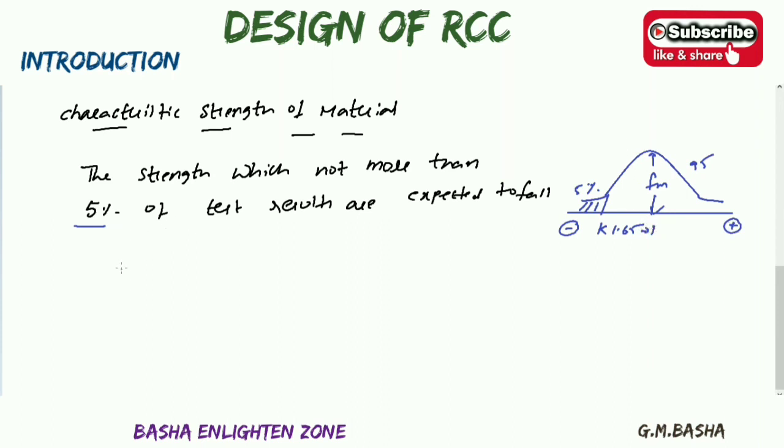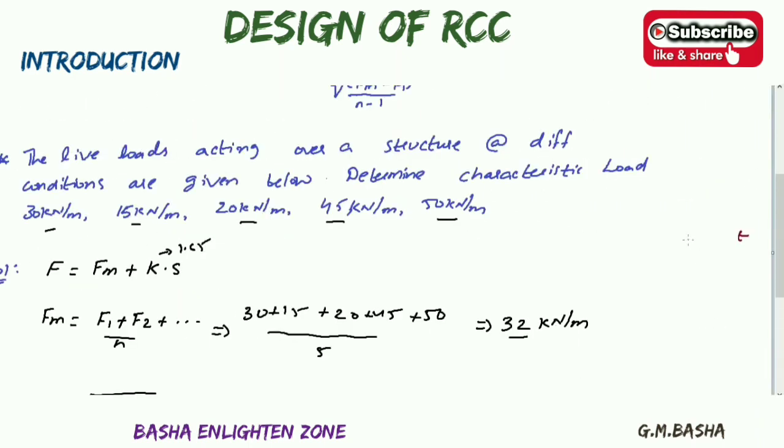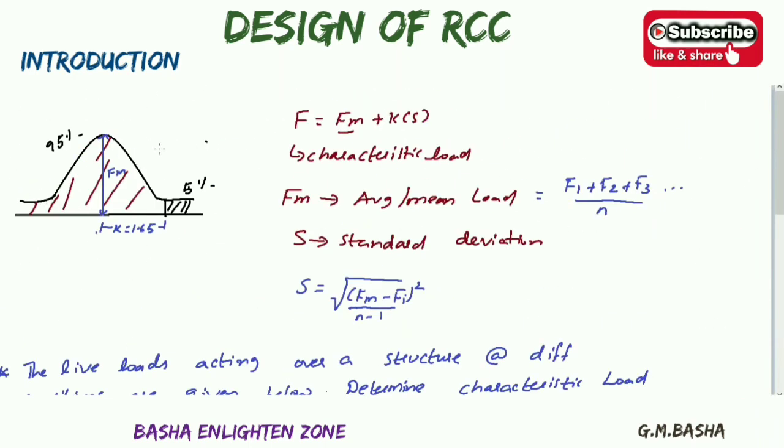So if you want to find a characteristic load, F equal to Fm minus K into S, or else directly take the K value as minus 1.65. Okay. So just to see the difference, characteristic load is the 95% probability of not exceeding the life of the structure, means up to 95% we are taking, and we are not exceeding this 5%.